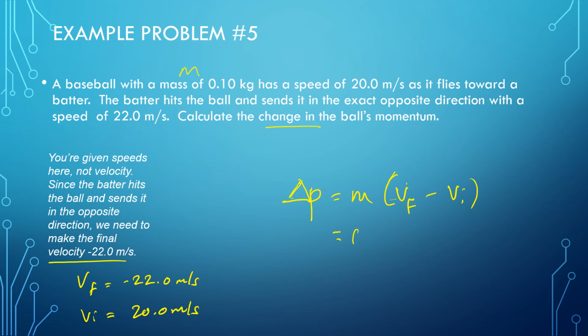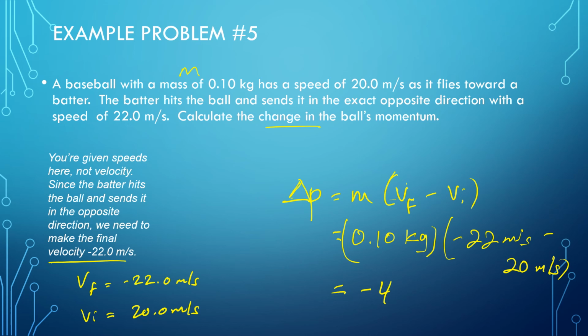My mass, 0.10 kilograms, times negative 22 meters per second minus 20 meters per second. So I have 0.1 times negative 22 minus 20, so negative 4.2 kilograms times meters per second.